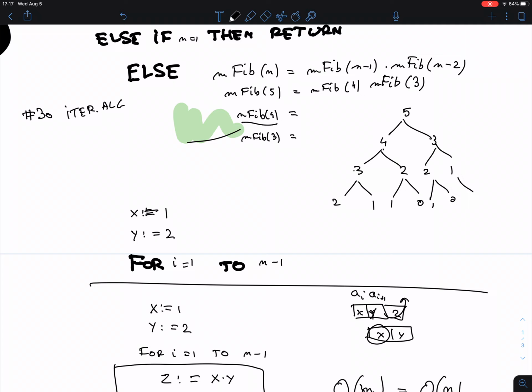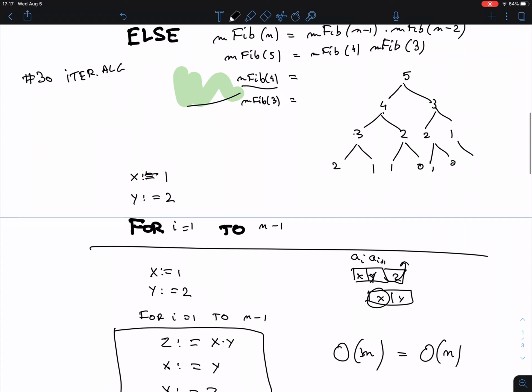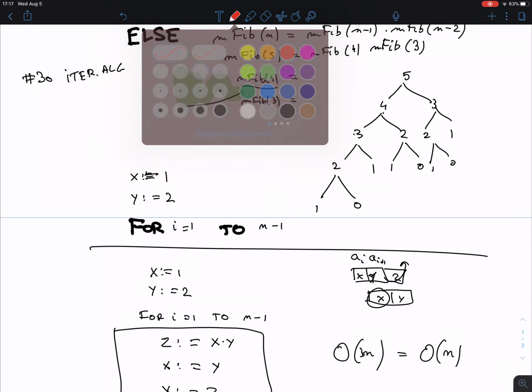For 1, I don't have to do anything, because 1 is one of the points where I stop. I was a little bit freaking out because I didn't know what to do, but I shouldn't have been doing anything. Then 2 I still have to do, because for 2 I have to do 1 and 0. So these are the stop nodes.